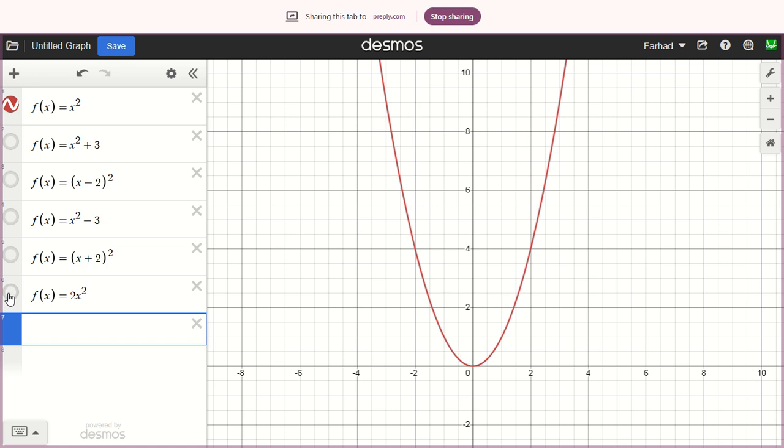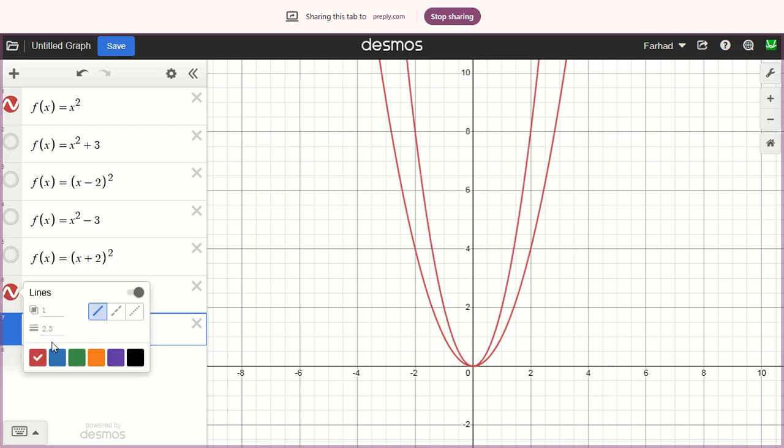Okay, we change the color here. Okay. Now see the green one. What happens here?